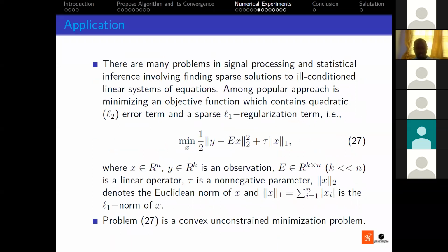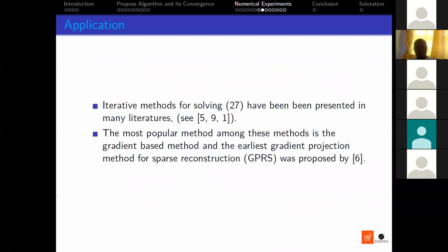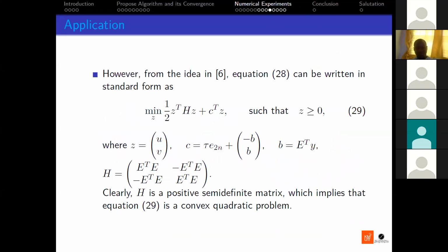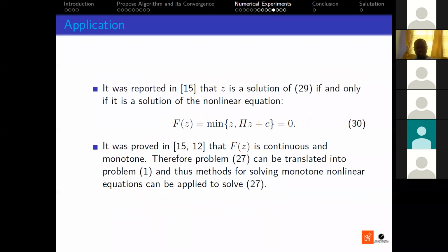Oh, okay, I understand. A should be E, sorry, it's a typo. So A is E. Yeah, it's a typo. So your recovery matrix is E. Yeah, it's E, not A.